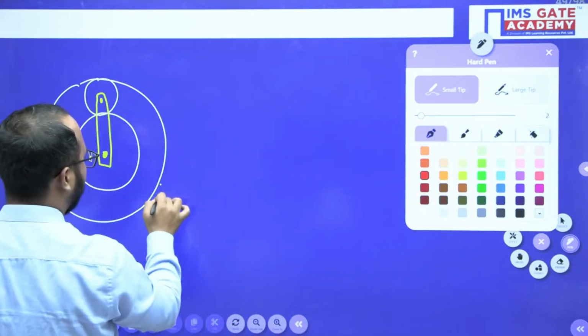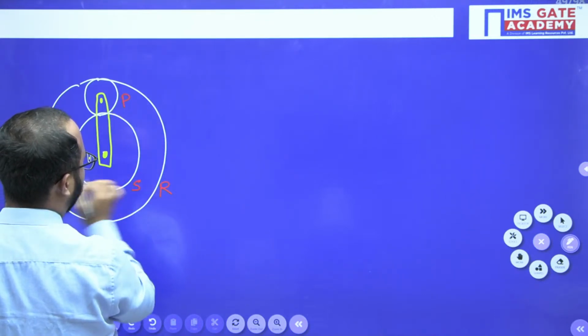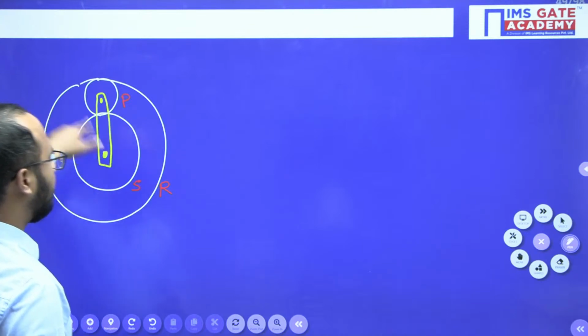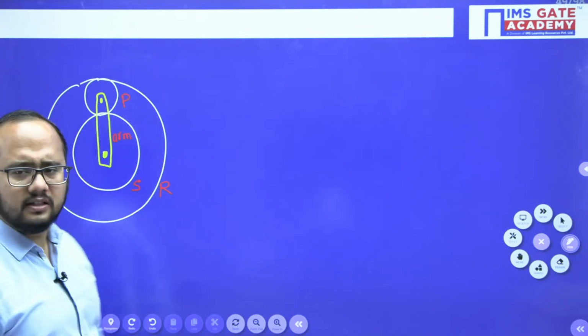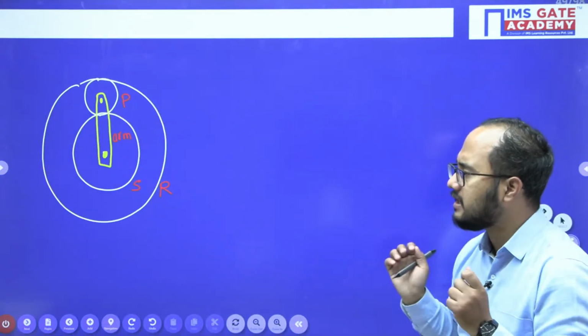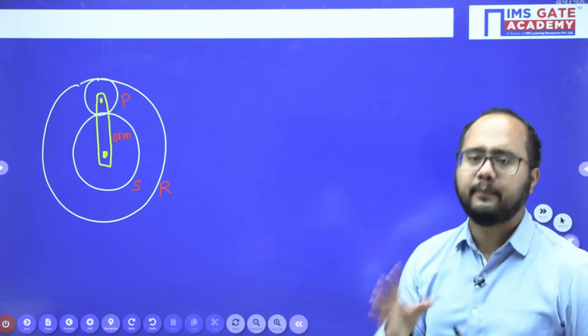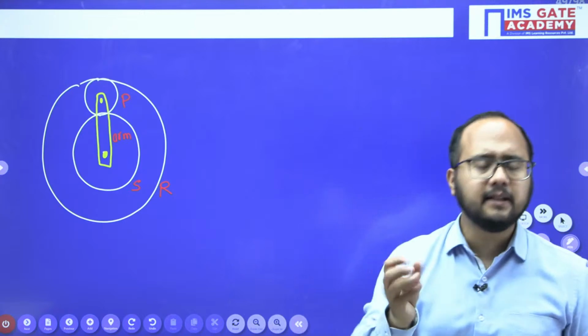So this is the ring gear. This is the planet gear, and let's suppose this is the sun gear. Like this, and this is the arm. So different velocities, different cases they will give you. Now you should understand this point that they can ask any parameter with regards to planet gear, arm, or the ring gear, anything they can ask.